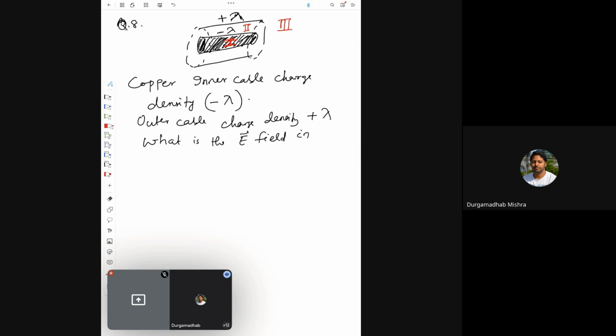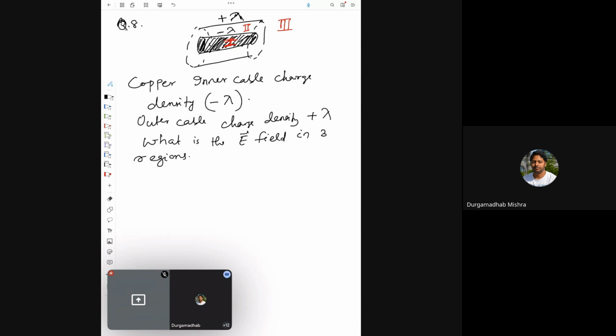So what is the electric field in the 3 regions? What is the electric field inside the inner cable? What is the electric field between cable 1 and cable 2, that is region 2? And what is the electric field outside of this coaxial cable? So this is the problem.